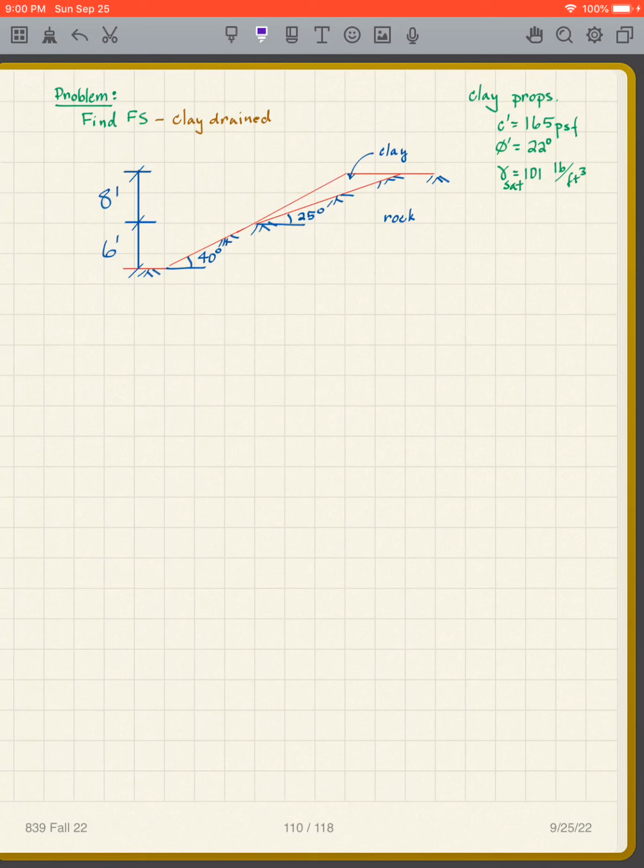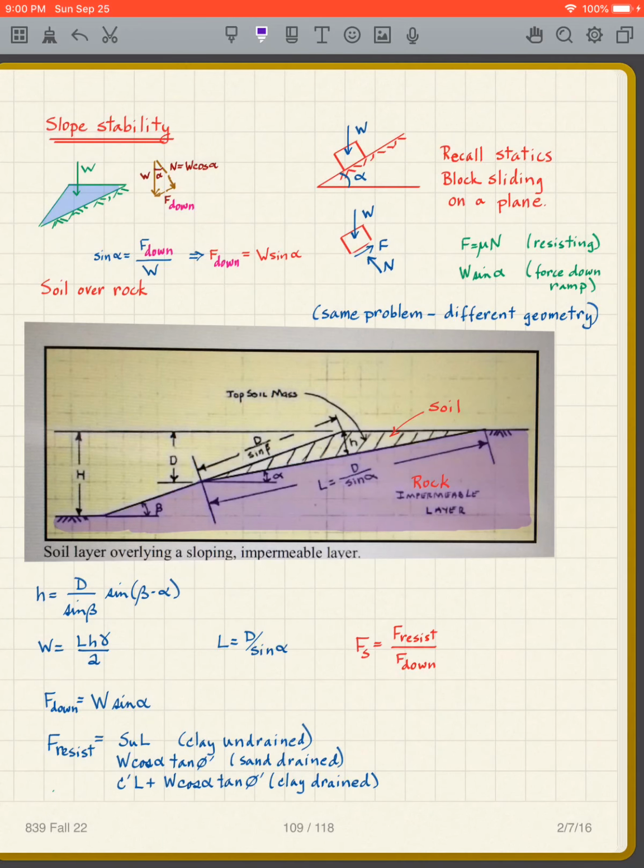Okay, so given these, find the factor of safety for this case, clay drained, meaning that you're going to use this one at the bottom, and you're going to use all these things here to get that.